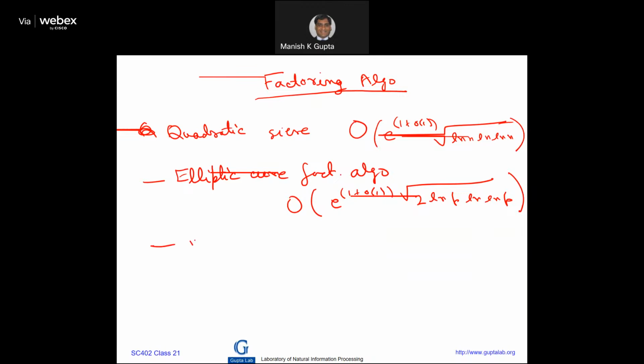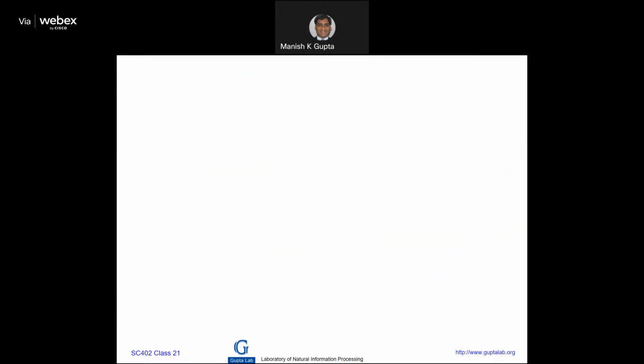And we have the number field sieve. So basically these are the three popular practical algorithms. But of course we are not touching any of them because you require a lot more mathematics to understand some of these things. So we go to the simple algorithms which are used.